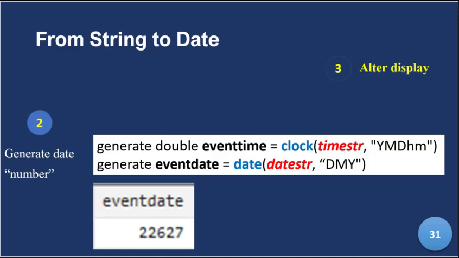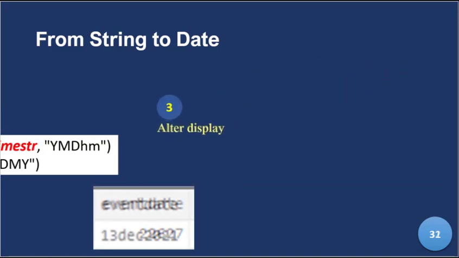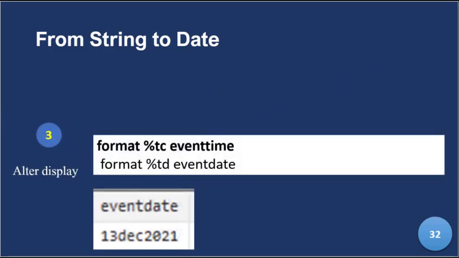Doing this will produce this black, and then you do what we call alter display. Format TC, C stands for clock, will help you format the event time. Format TD will help you format the event date, and you will be able to generate a number like this. It's black, but it has words in it.